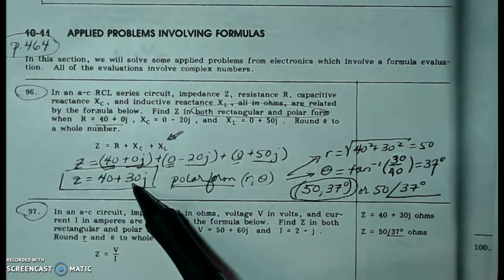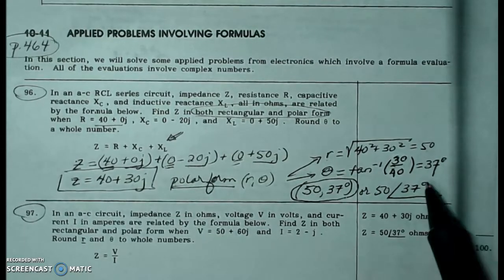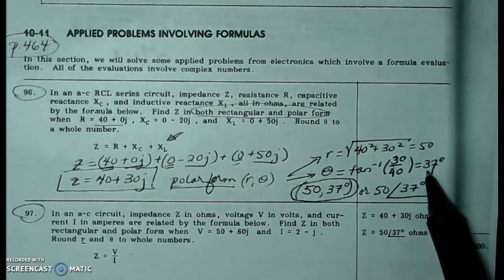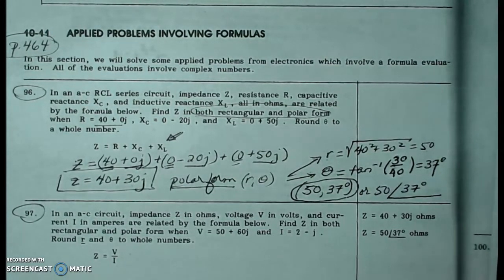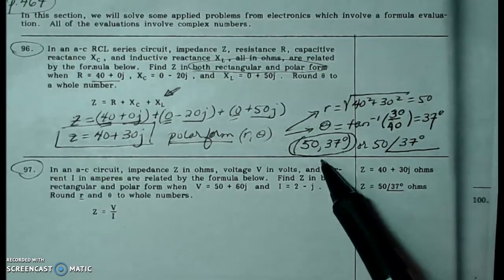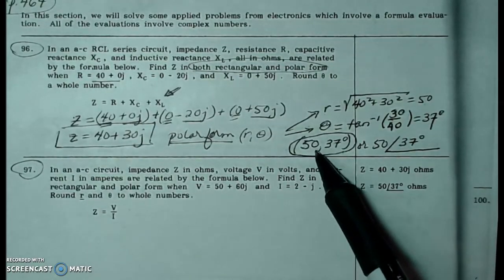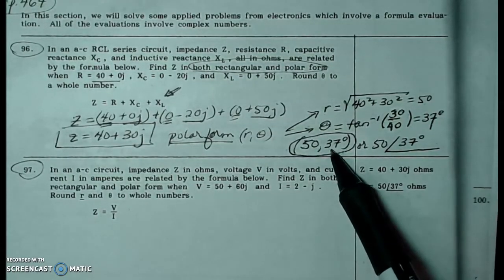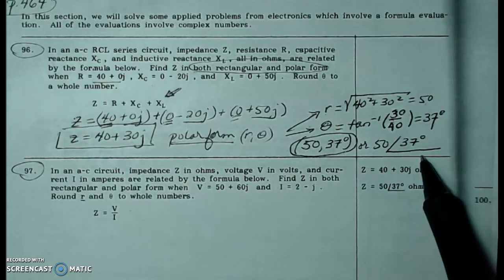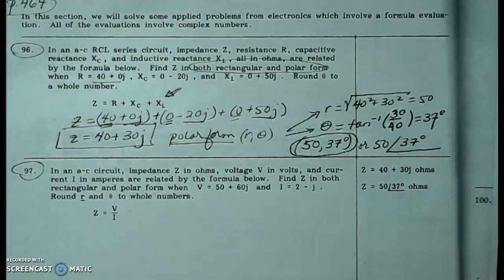Remember, it is the b value over the a value, which results in, rounded to a whole number, 37 degrees. And there are two ways you can write this, as the ordered pair for r and theta, or you can write it in the same way that the book does.